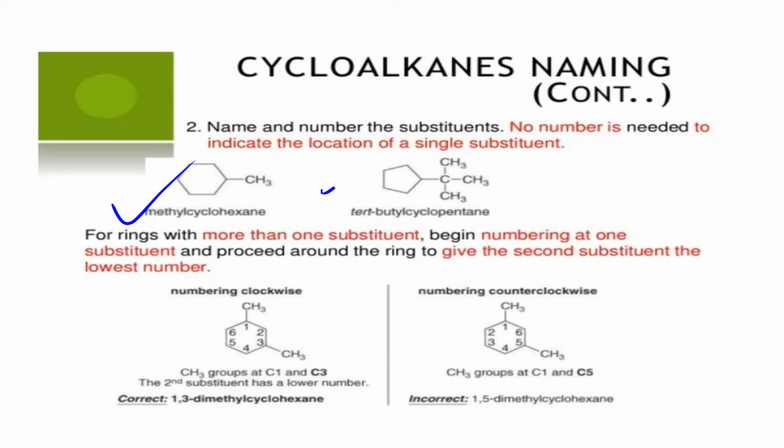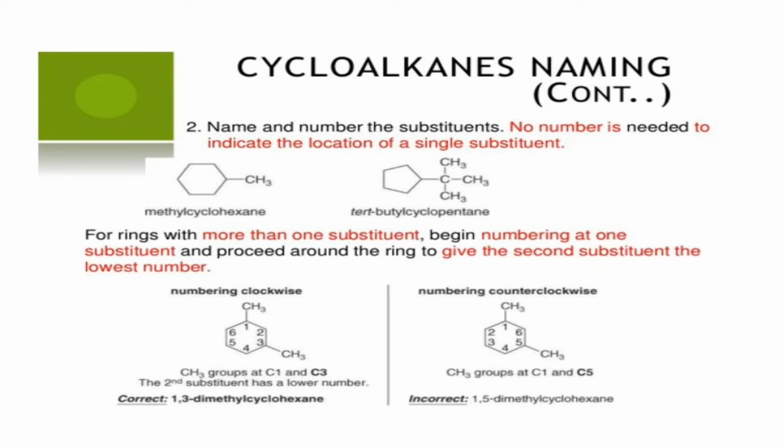Here we have tertiary butyl cyclopentane. And the next rule: for rings with more than one substituent, begin numbering at one substituent and proceed around the ring to give the second substituent the lowest number.